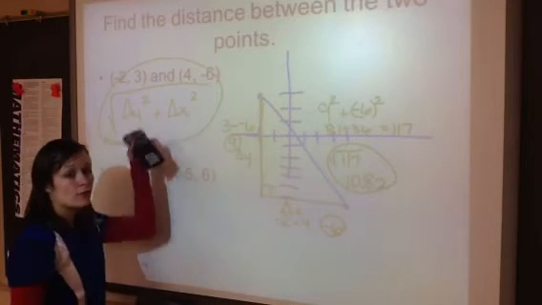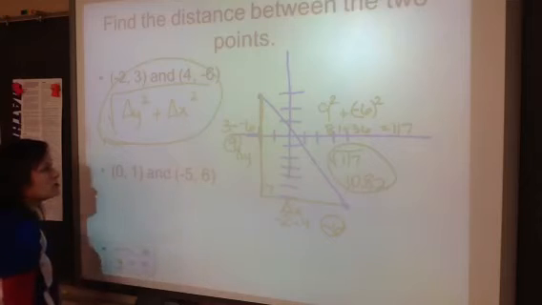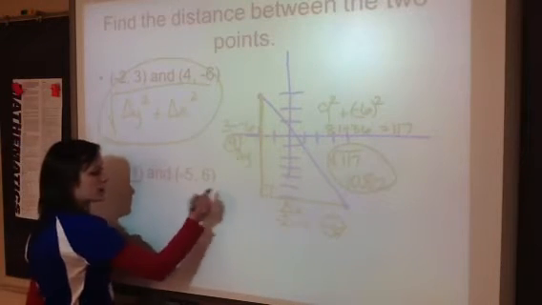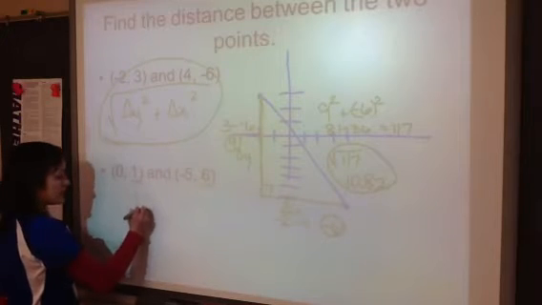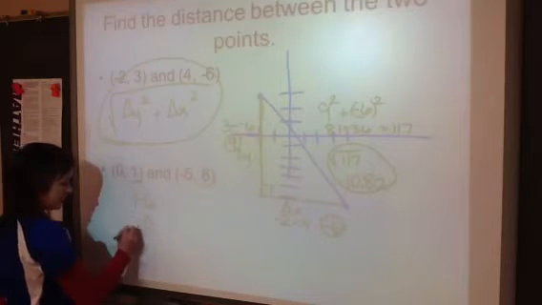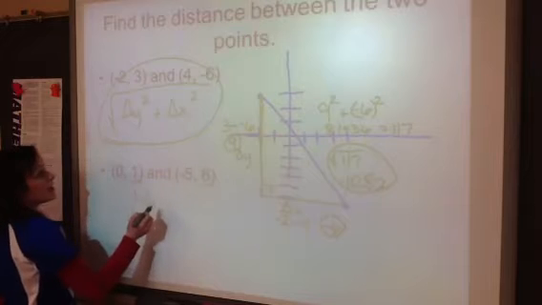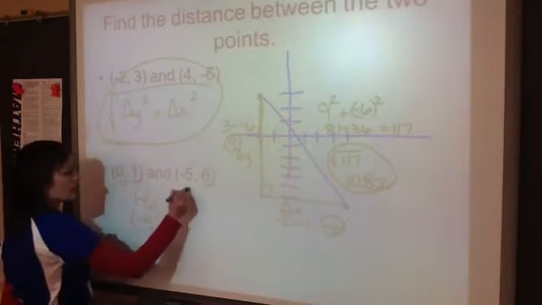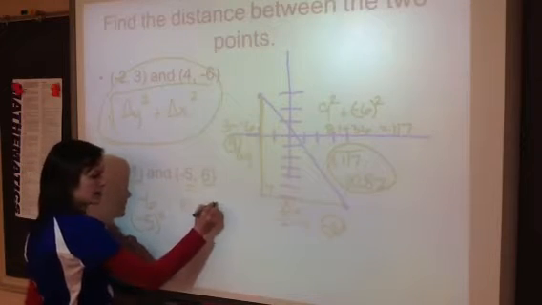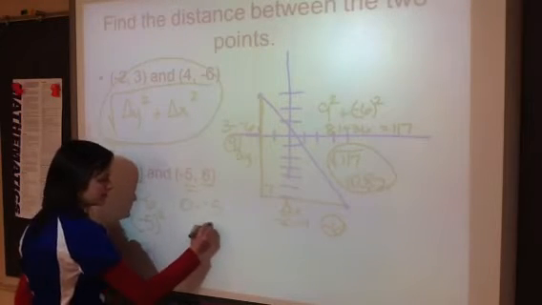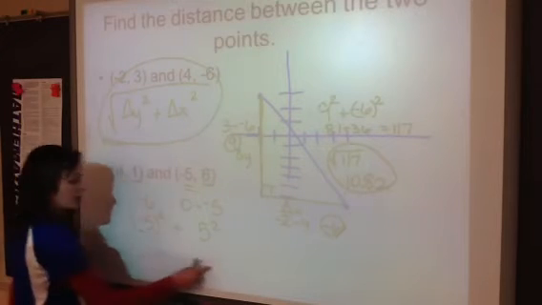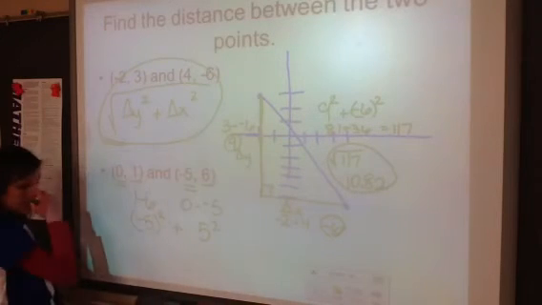So let's use our formula that we came up with to solve this one. So the change in y. Here's a y value of 1. Here's a y value of 6. So 1 minus 6 is -5. The change in x. Our x is 0 and -5. So 0 minus -5 is 5. Before we can add them, we need to square.